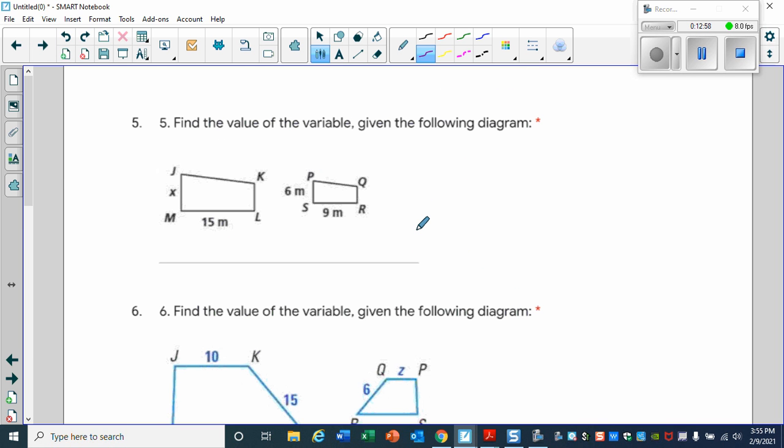Okay, number 5 is going to be similar. Now again, notice the order. You can go JKLM. But then remember, you look at that order. So you can say JKLM, and in this case, that's a quadrilateral.